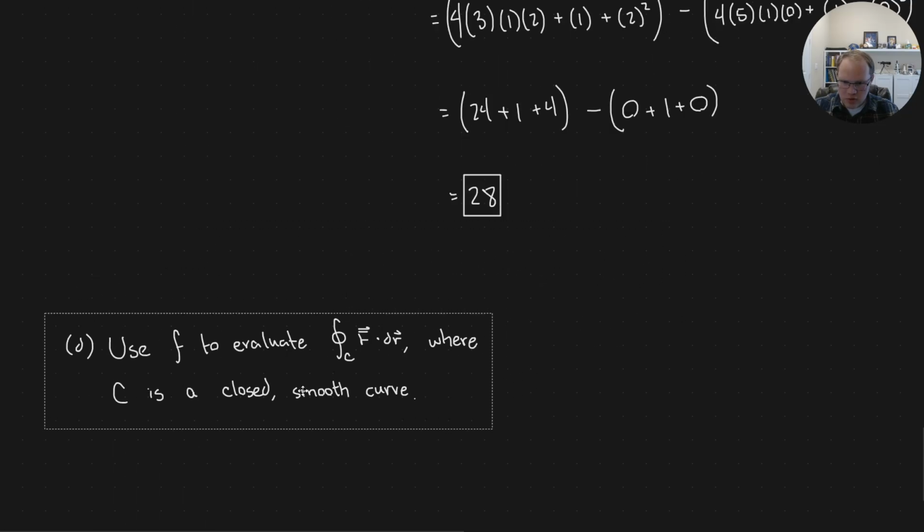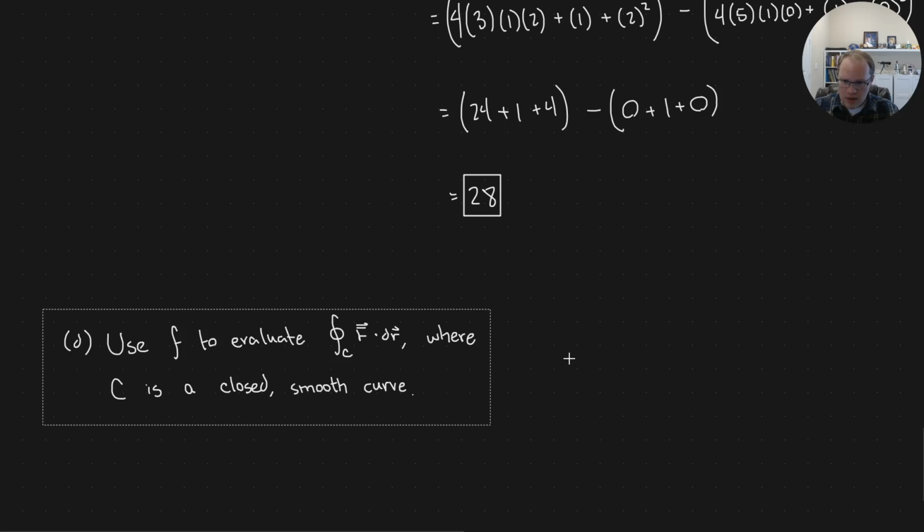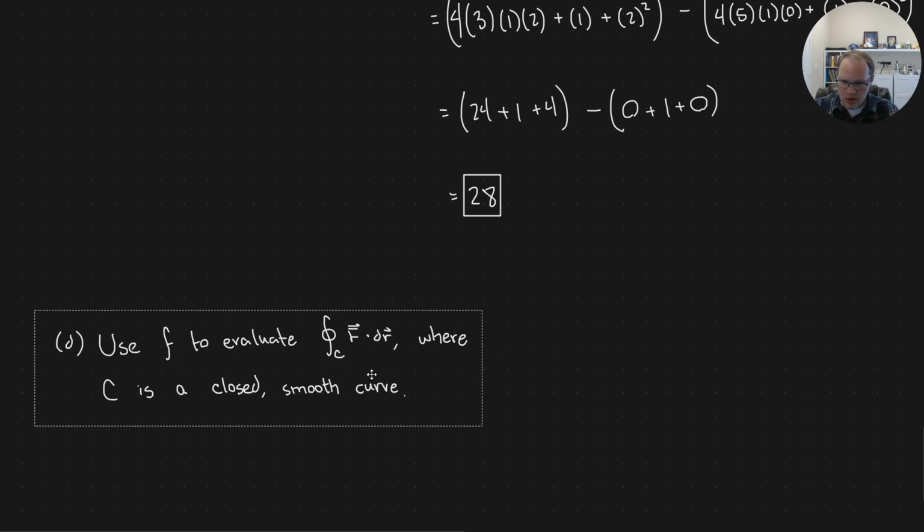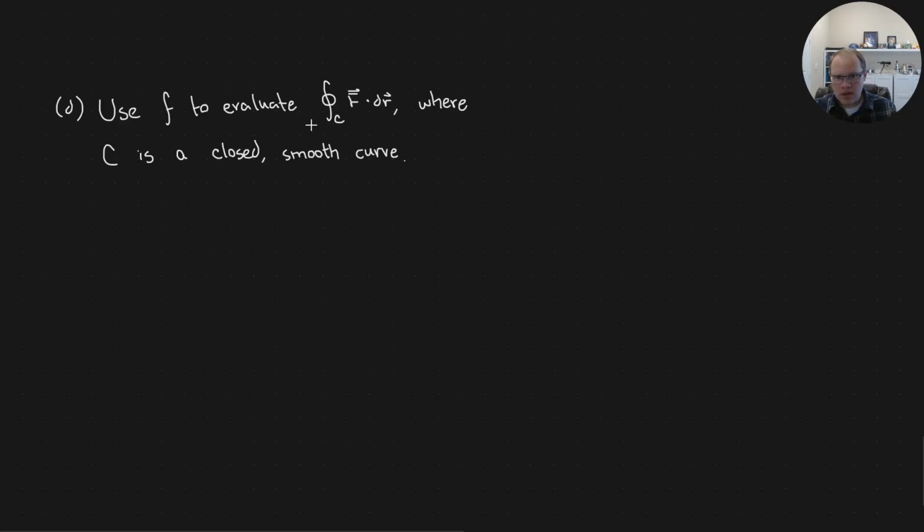We want to use that potential function one more time, this time to evaluate a line integral over a closed curve C. So just as before, that vector field F is the gradient of our potential function.